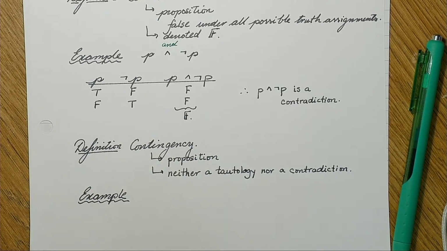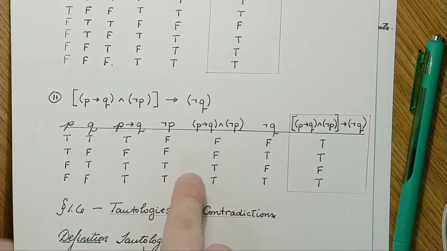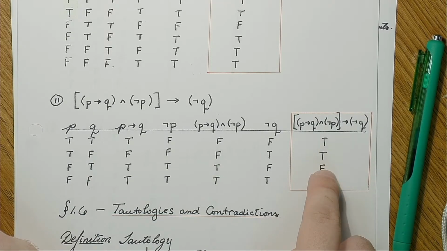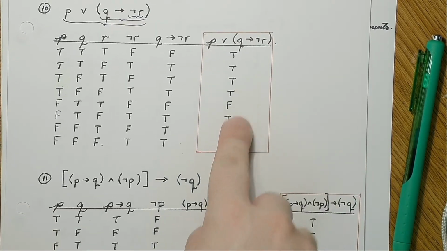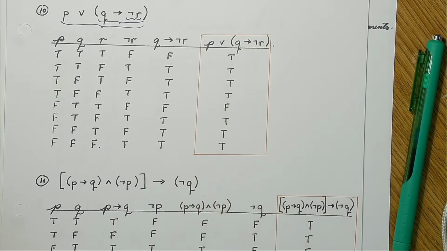So an example of this can be anything where all the columns were not all true or false. So right here, we look at this, there's at least one false, so this is not a tautology. This is a contingency. Same thing with this one. This isn't all true or all false. So this is also a contingency.